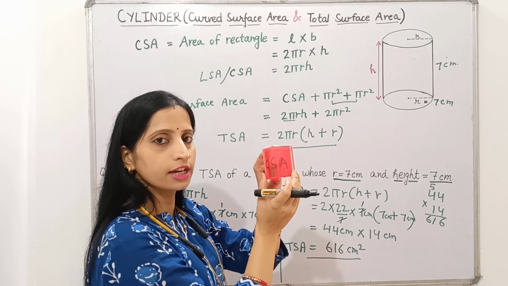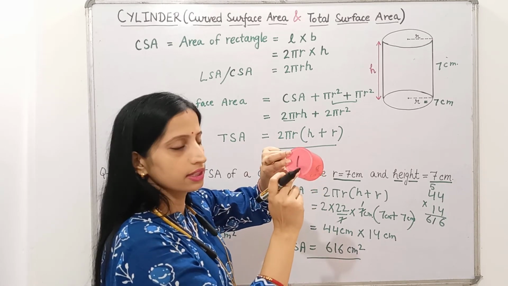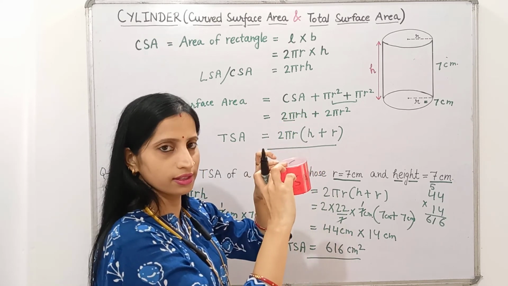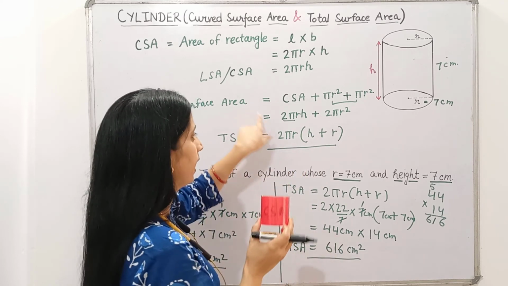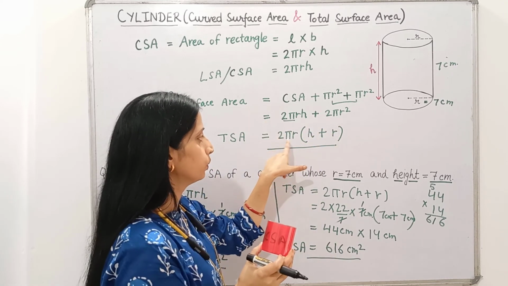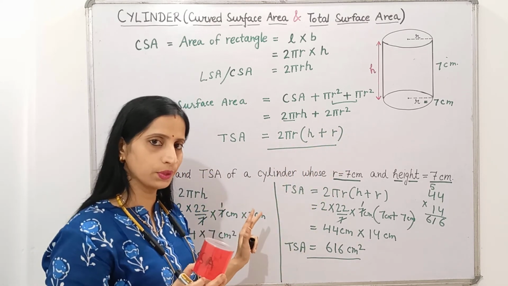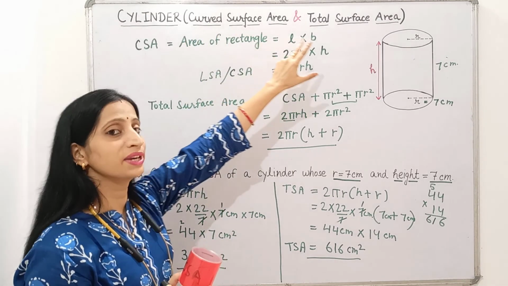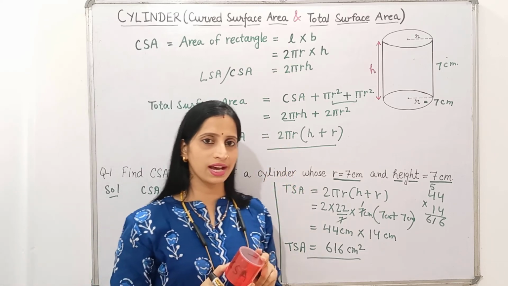And total surface area means the area of this curved part plus the area of this circle and the area of this circle, meaning the area of these two circles. To 2 pi rh we add 2 pi r square as we did here. So the formula will be 2 pi r into h plus r. I hope that now you understood how to find the curved surface area and total surface area of a cylinder and how to derive these formulas.